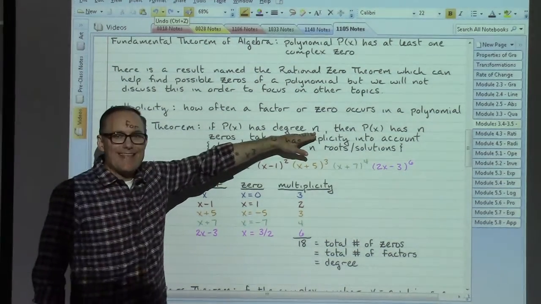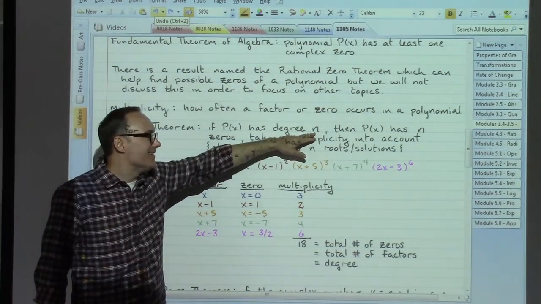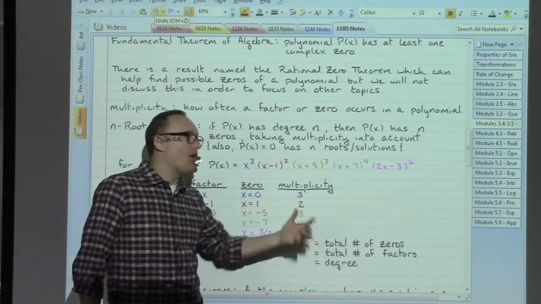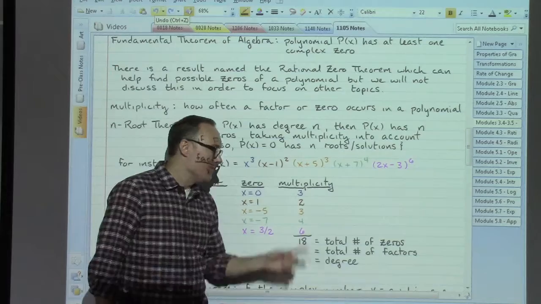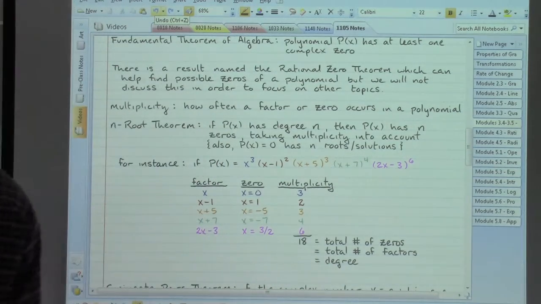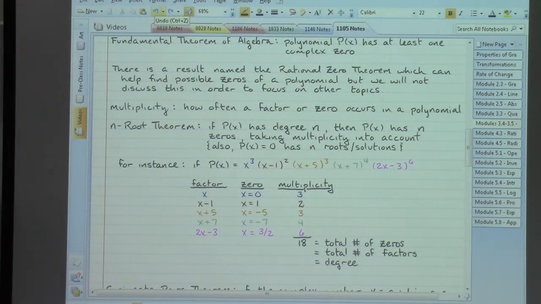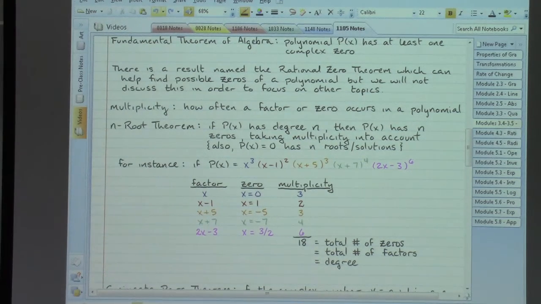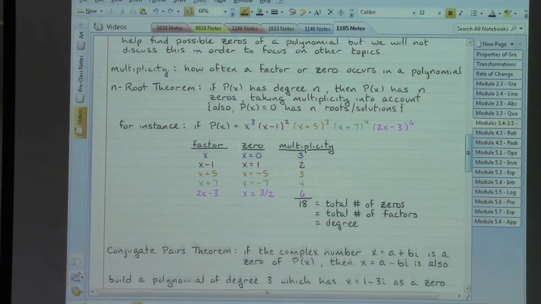And 18 then is our degree. If we take into account all of the multiplicities, all of those repetitions, then that's going to link us up with the degree. So we've got that connection there. Now that's just one connection to that multiplicity. As it turns out, there's a little bit more going on.